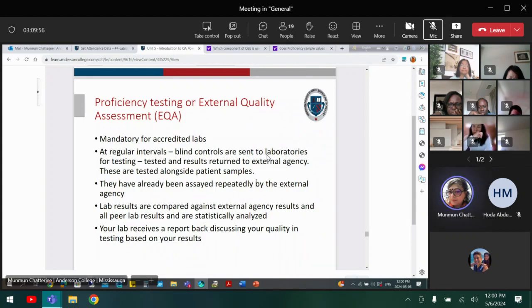All peer lab results are statistically analyzed. Your lab receives a report back discussing your quality in testing based on your results, whether you have passed or not. If your results tally with the external agency results within the deviation range, you're good, you pass. Otherwise, your lab is shut down.